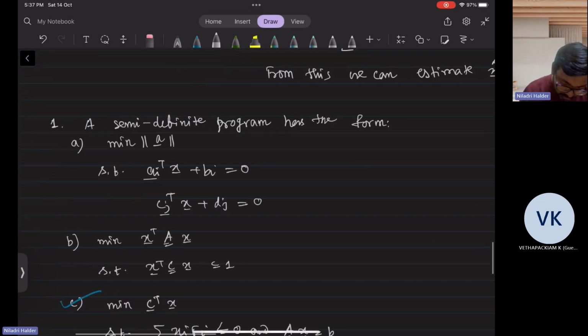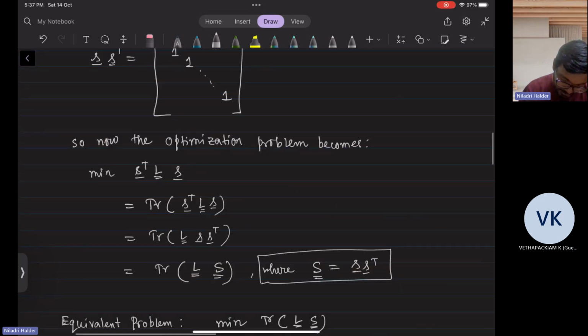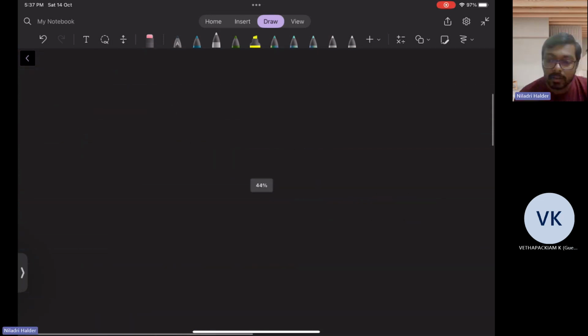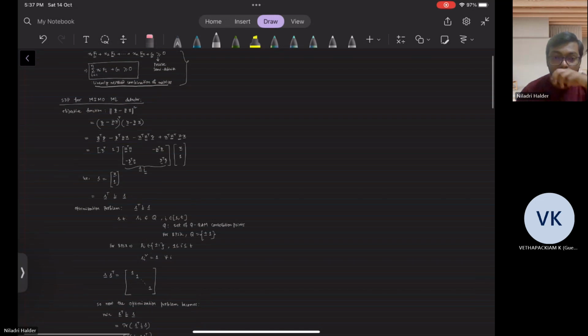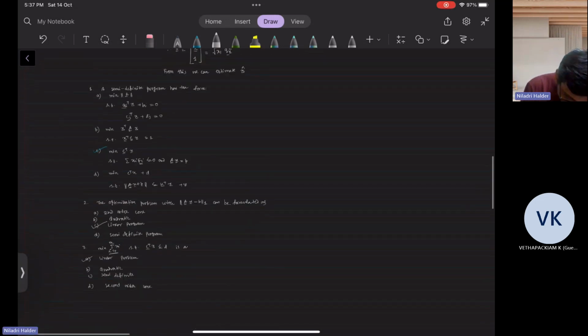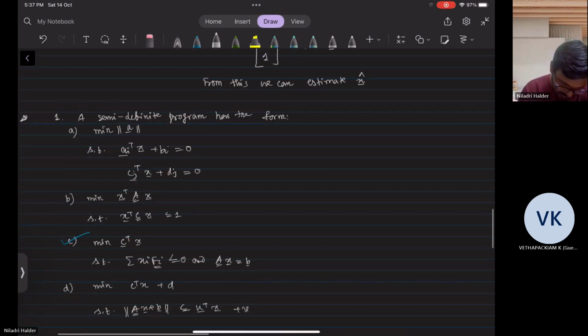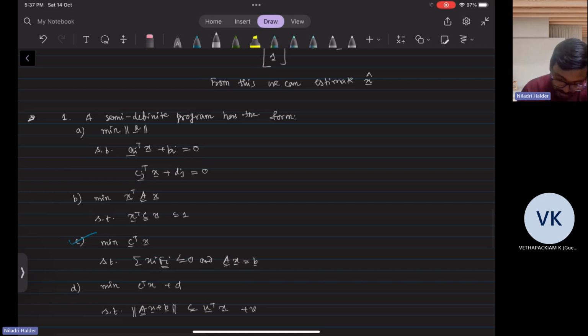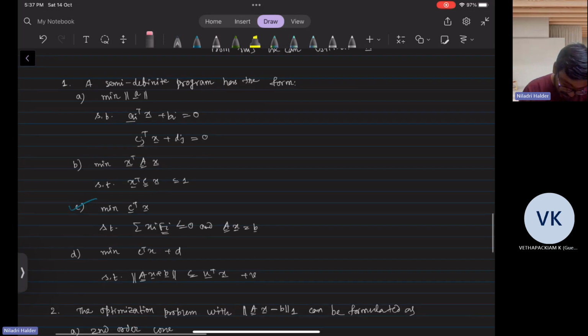This question: a semi-definite program has the form. Which one is correct? A, B, C, D are the options.